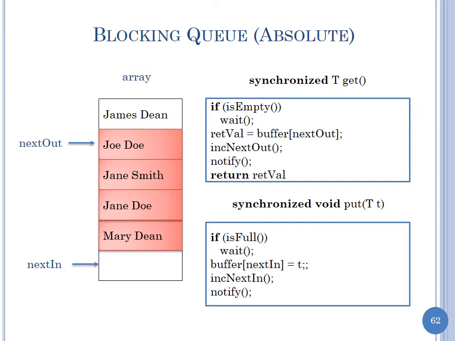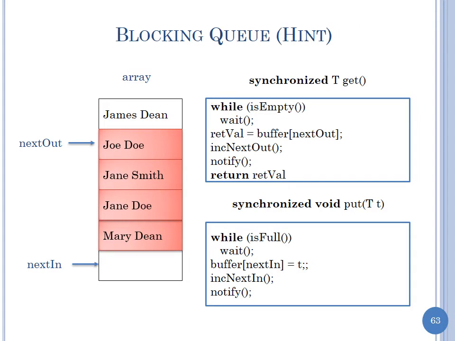So that's our absolute semantics solution, and our hint solution is a while. UG mentioned that we would do a notify all with the hint solution, and indeed you can do a notify all, but there's no reason to. We know that when we do a notify, only one of the threads can really proceed. So when we've done our operation, only one other thread can proceed.